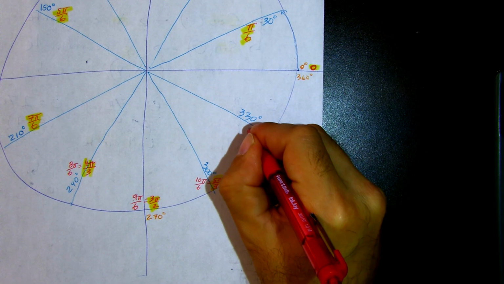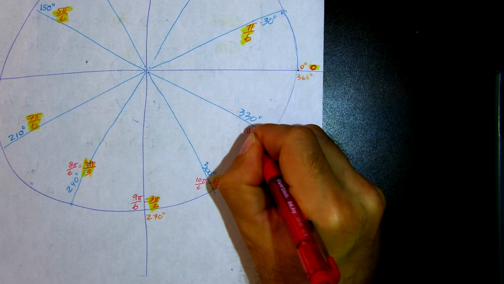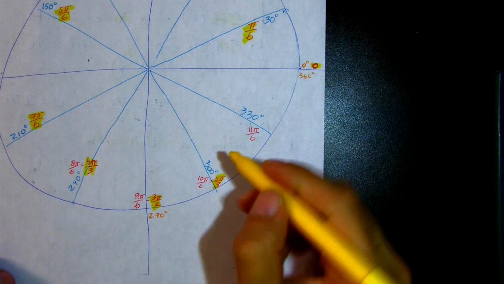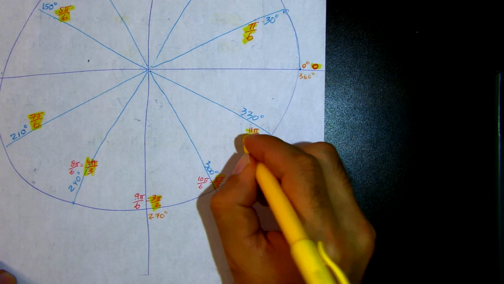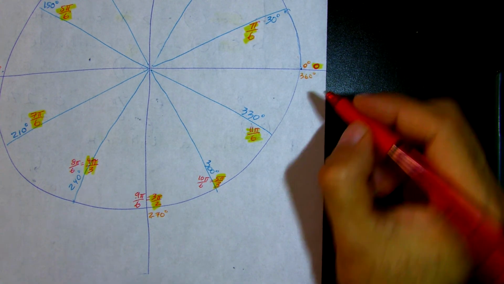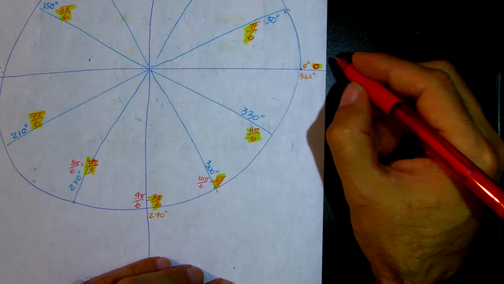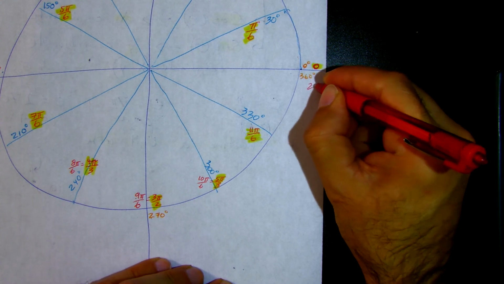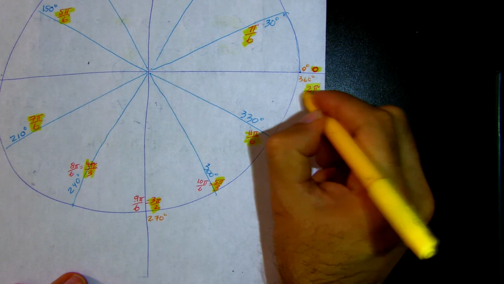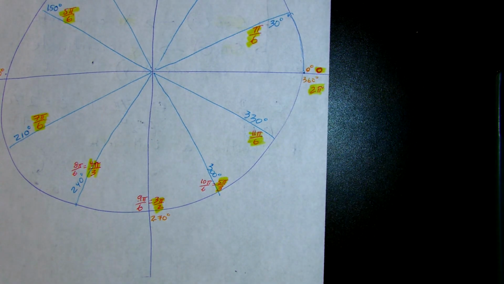And finally, we have 11 pi over 6, which cannot reduce. And the last one is 12 pi over 6. 12 divided by 6 is 2, so this is 2 pi.